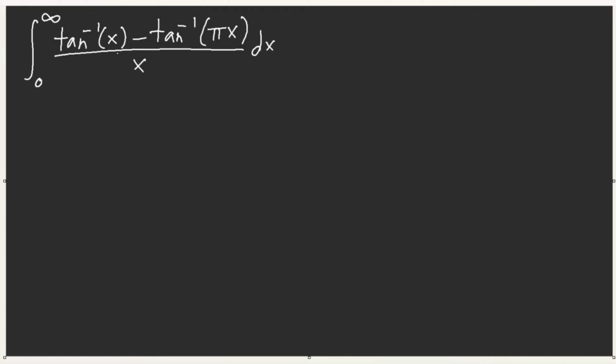Okay, so let's start with a friendly integral just to introduce ourselves to the Frullani formula. We have inverse tangent of x minus inverse tangent of pi x, all over x. I see 0 to infinity, I see x, and I see one function with two different coefficients. So we'll start using the Frullani integral. Plugging infinity into inverse tangent, we know that's pi over 2.